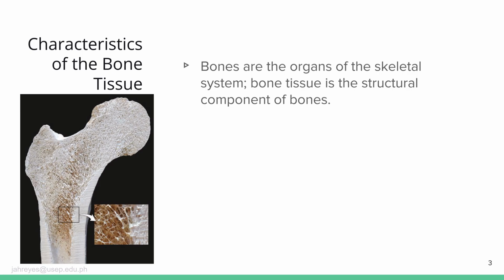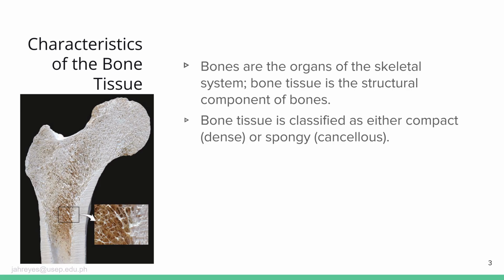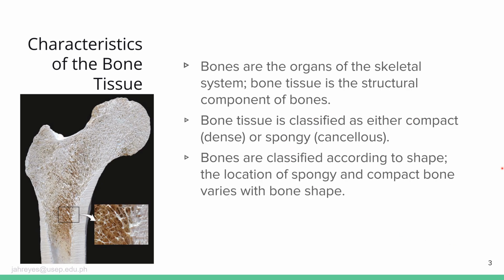Generally, the bones are organs of the skeletal system, and the structural components of the bones are called the bone tissue. We can classify bone tissue into two major types, either the dense or compact, as you know, or the spongy, also termed the cancellous bone.